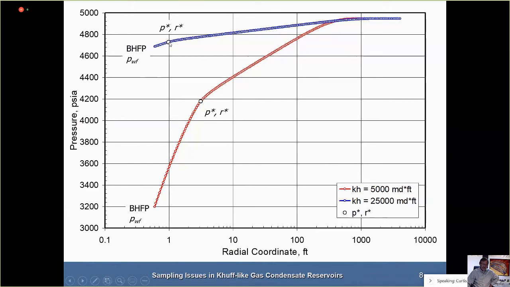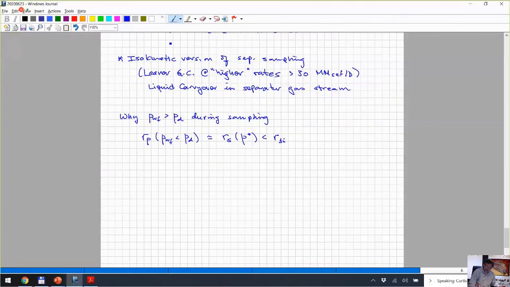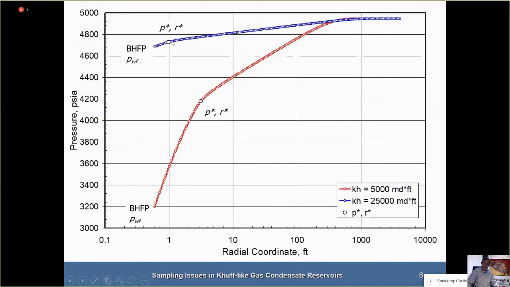So the higher the P star, remember the solution: the producing OGR will always be equal to the solution OGR at P star.